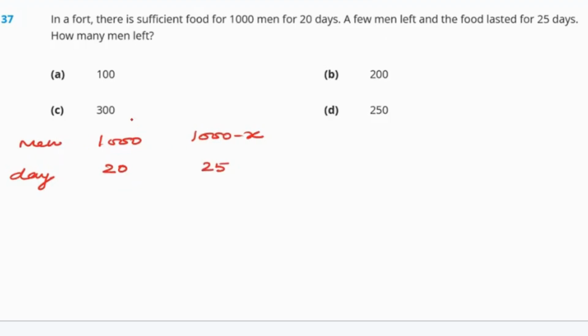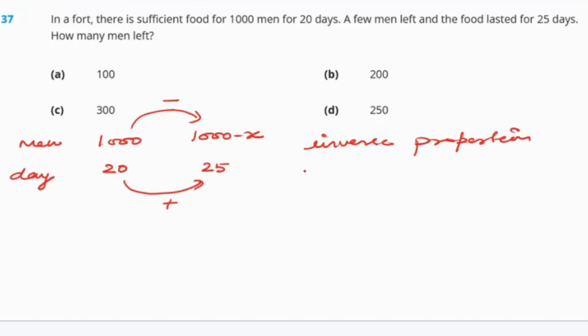You can see what kind of relationship this is. Here the value is decreasing and here the value is increasing, so it is inverse proportion, and I already told you that in inverse proportion the rule is X1 times Y1 equals X2 times Y2.